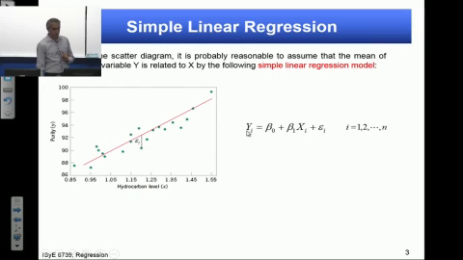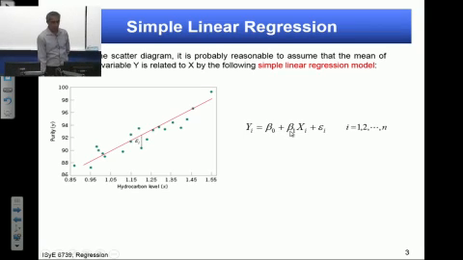It's linear, as you can see, and it's simple because we only have one x, one predictor, as opposed to multiple regression when we have multiple predictors. So what we want to do is find a linear relationship between y and x. And this linear relationship is quantified by the intercept and the slope.